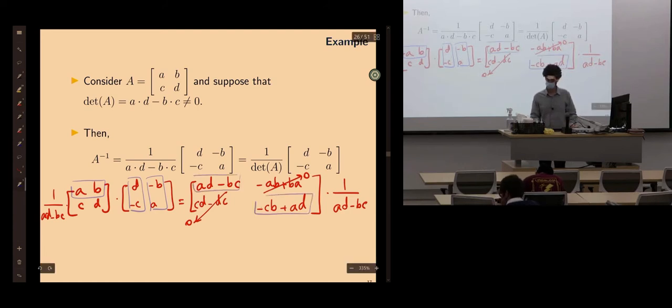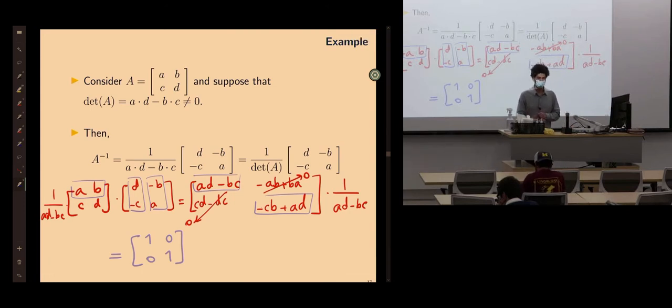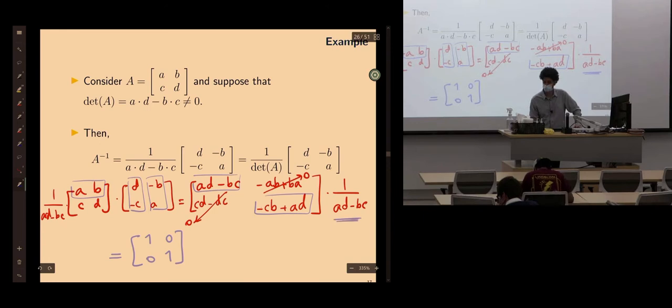So this will result in 1, 0, 0, 1. Now, it turns out it works. You can do it the other way around to check. Sounds like it's the inverse. As long as we can calculate this division and the determinant is not 0, we can evaluate it. And by the fact that we just proved that the inverse is unique, this must be the inverse of a 2 by 2 matrix.